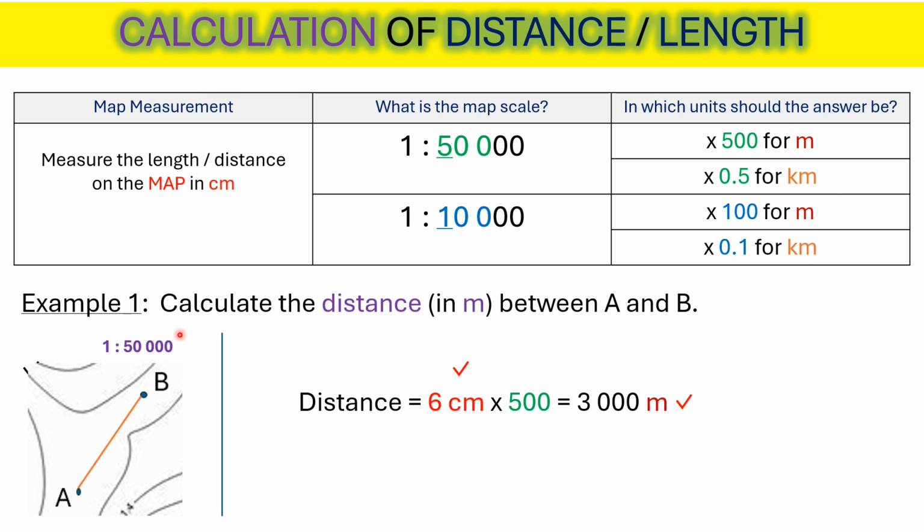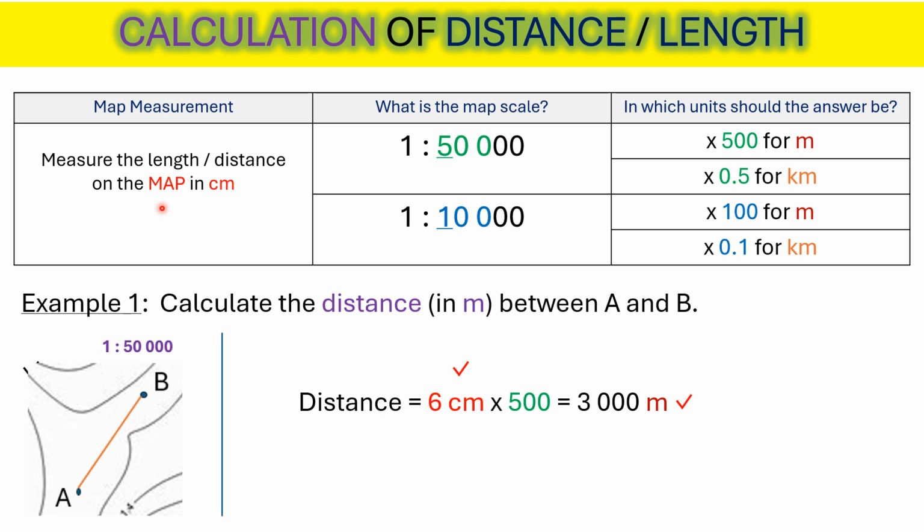Let's have a look at example number 1. Example number 1 says to calculate the distance in meters between point A and point B. Let's assume that points A and B are found on a 1:50,000 topographic map.